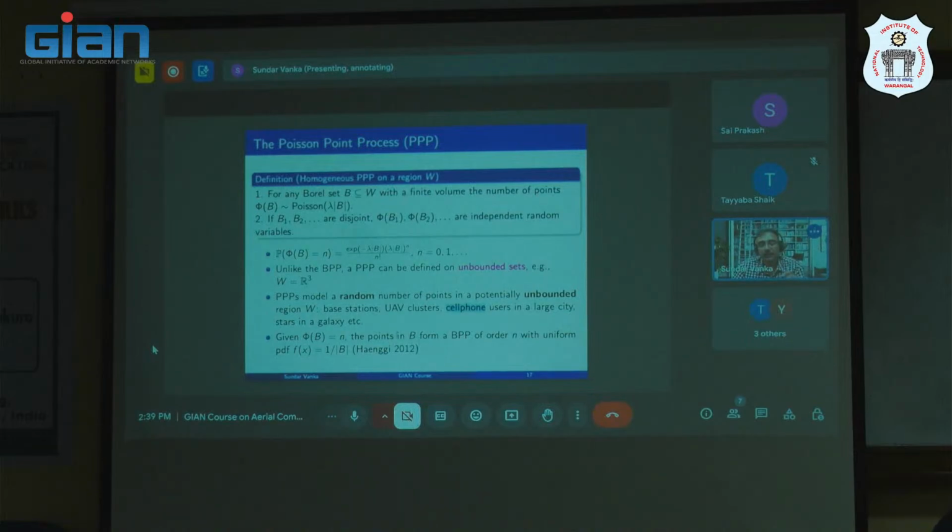And the next point is, and this is where the airplane example that I gave to the professor is tying in: if I know that a given area has n points, somebody told me that there are n points, but I don't know where they are, then, if the process is a homogeneous Poisson point process, all those n points are uniformly randomly distributed in that B. In other words, if I know that the Poisson point process put exactly n points in a given neighborhood, then those n points form a binomial point process of order n with a uniform PDF.